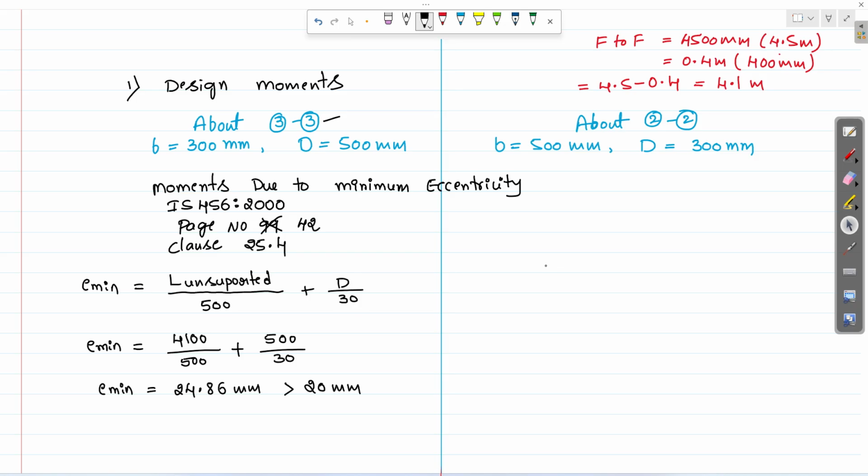So here about 22, E minimum equals L unsupported divided by 500 plus D divided by 30. So 4100 divided by 500 plus here D. For 22 axis D will be 300. So 300 divided by 30.